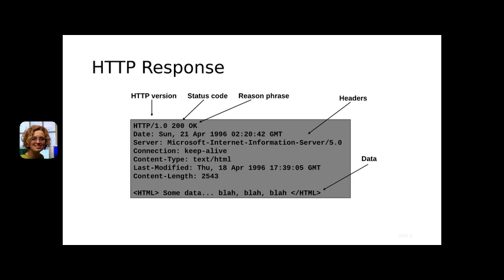And then, of course, in the response, you will also see the data, which could be HTML. If you look at your Wireshark captures, you would see these kinds of data. So it's very interesting. You see content length and last modified, when the web page was last modified. Lots of good information that you can see in this layer and that you have probably already seen in your Wireshark lab.